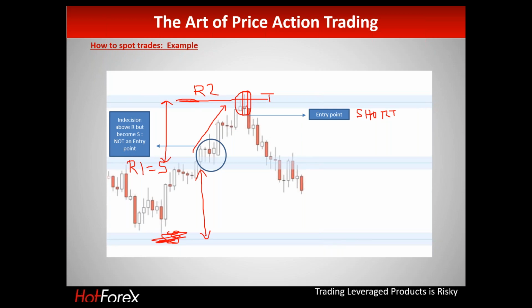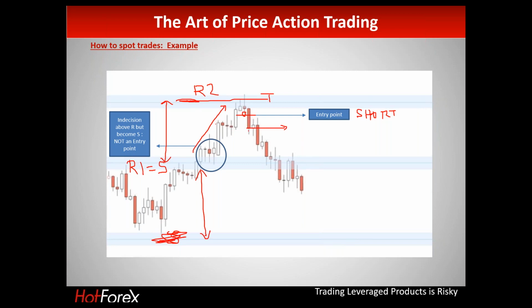Now what I'm waiting for is a signal that it has turned lower and reversed. There could be different entry points on this short position. Either an entry on the breakout of the latest low, which was here on this tail, or a second entry on the close of this full body candle.